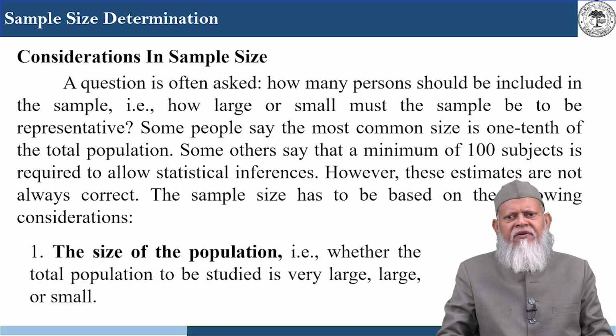Whereas if we are studying the satisfaction level of the students with teaching in a class, a class may have 20 to 60 students, which may be considered a very small population.